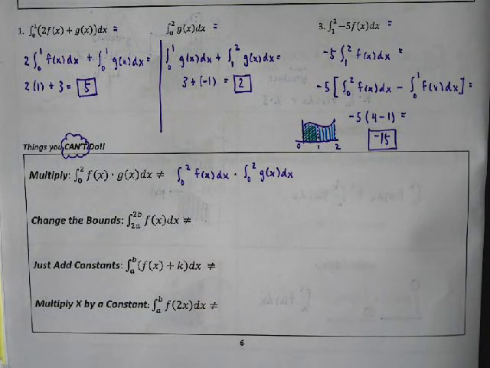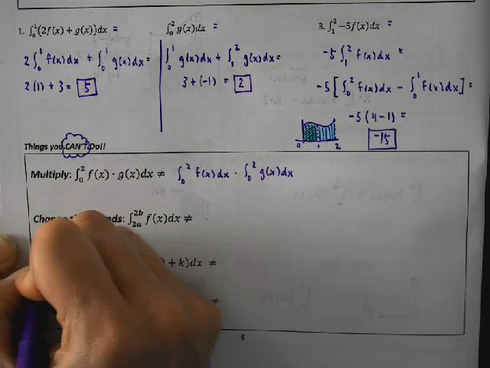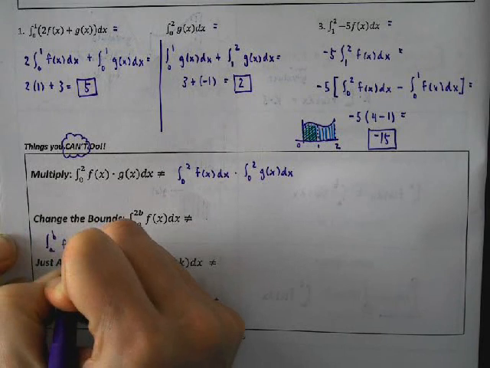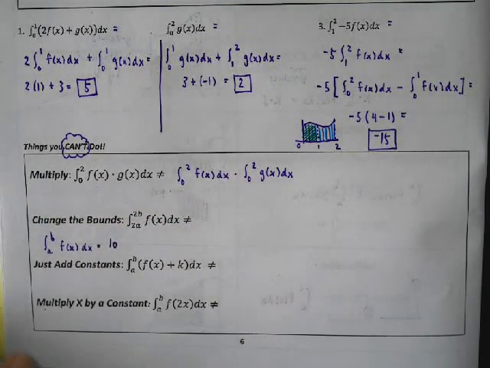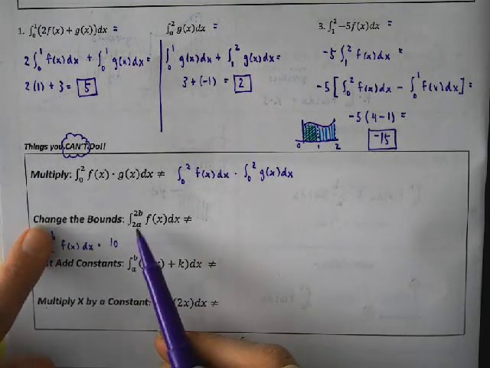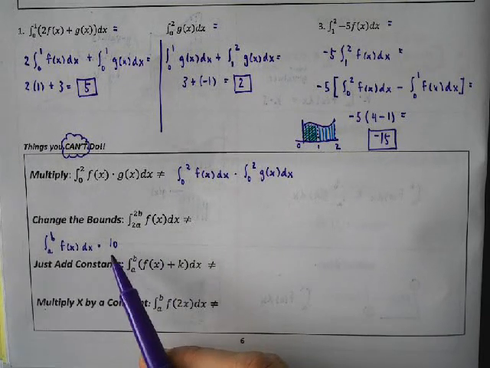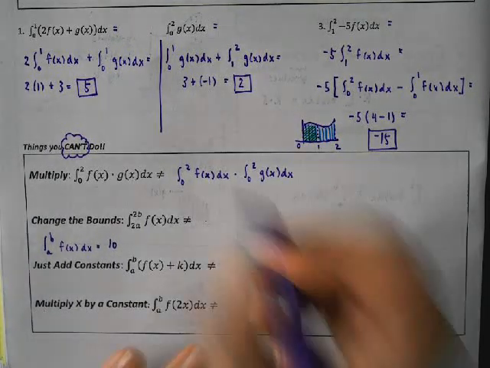The next thing that happens is that people see something like, let's say I told you that the integral from a to b of f of x dx equals, let's say it's 10. What happens is people see a problem like this where the bounds are both multiplied by 2, and they assume that they can just multiply this integral by 2. That is not the case.